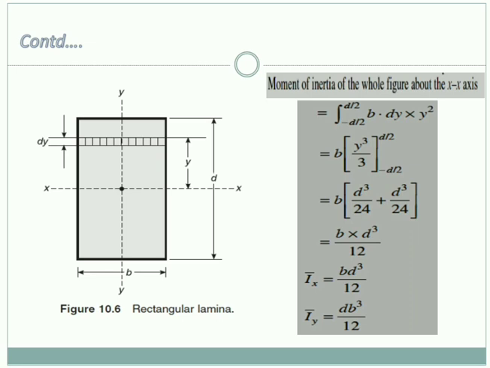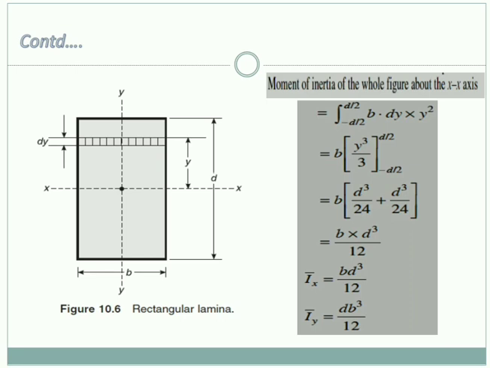Then how to fix the limits of integration? Here our centroidal axis is at the center itself, means if we go up from the centroidal axis, our limit will be maximum plus d by 2, whereas if we come below the centroidal axis, our lower limit will be minus d by 2. Understand this properly.